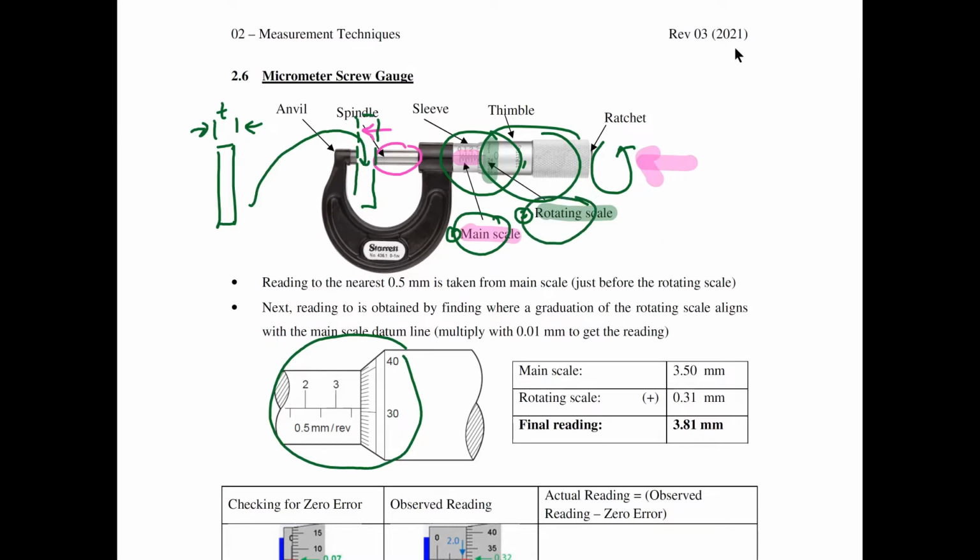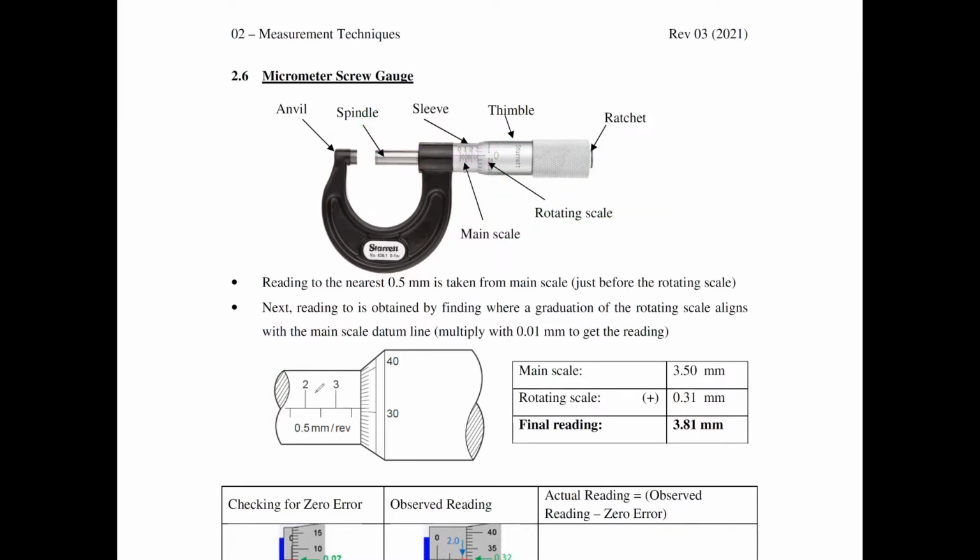What you need to do is that the main scale here is always going to be in increments of 0.5 millimeter. So what you do is that you always look at the main scale. What's the reading on the main scale just right before the rotating scale? This portion here represents your rotating scale.